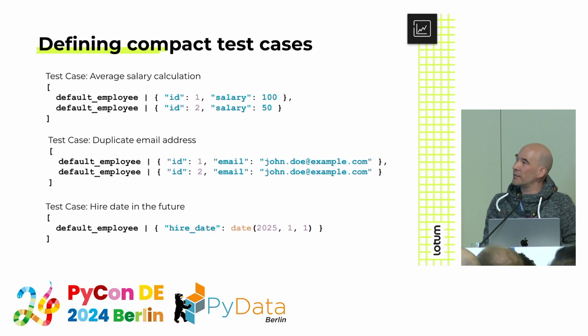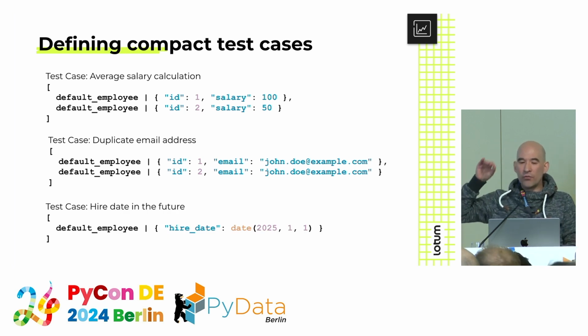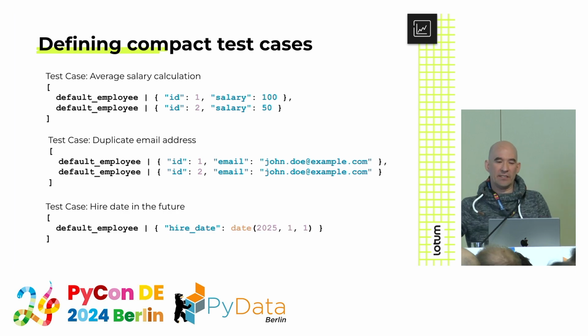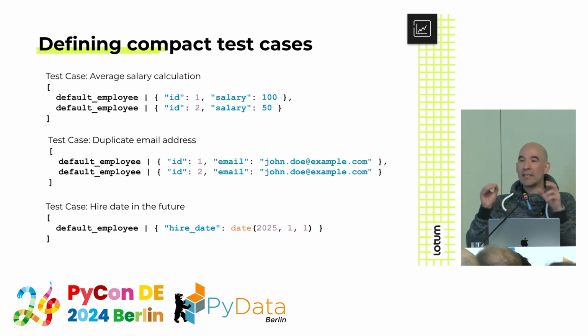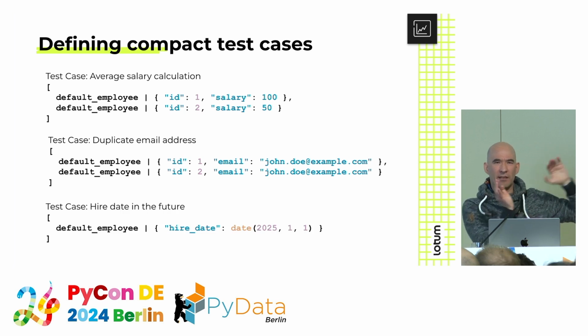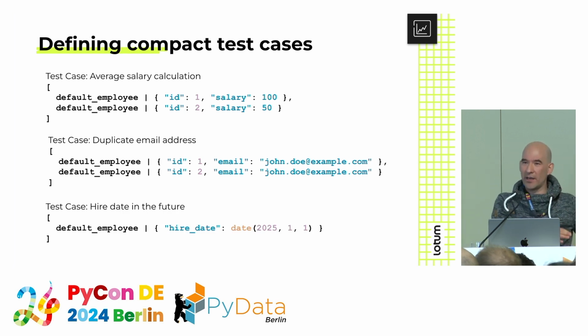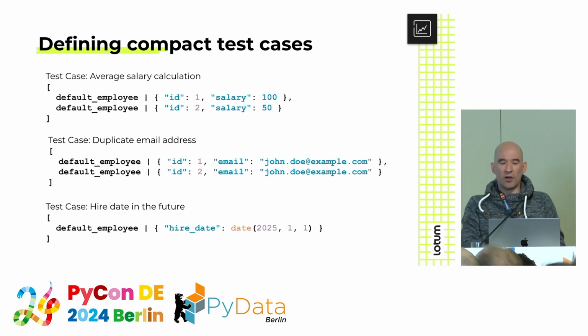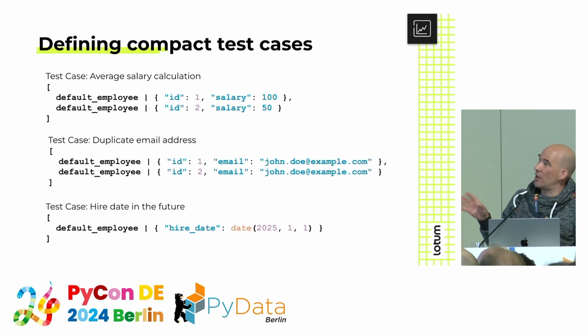And for a particular test case, I only want to specify, hey, there are 2 fields which are different in this default employee. And I need only these 2 fields for my test case. All the other ones, I can leave as a default. I need to specify them. My statement needs them, but I only want to focus on this exact change of the default employee.